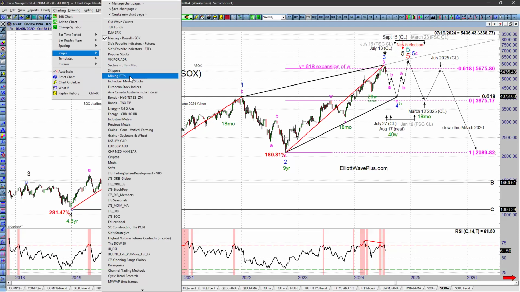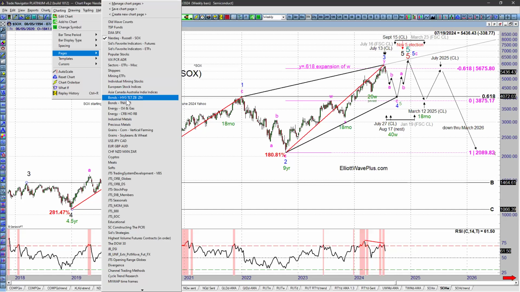I look at GDX, and I look at some individual mining stocks and show them every week, Newmont and Barrick. I show the European stock indices on weekly charts, the DAX, FTSE, the Australian stock market, the Canadian stock market, the Nikkei, Shanghai, the Hang Seng, and EEM.